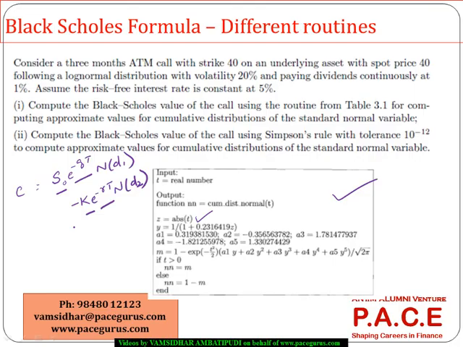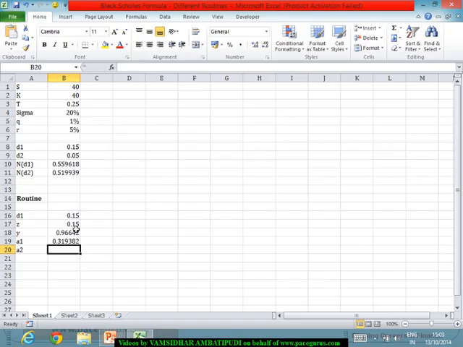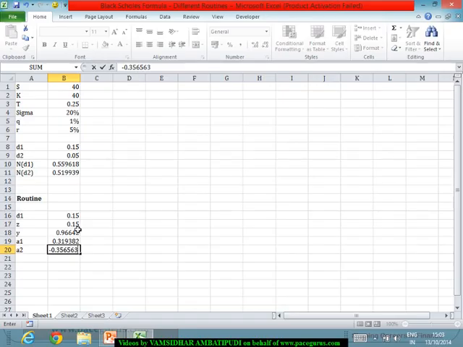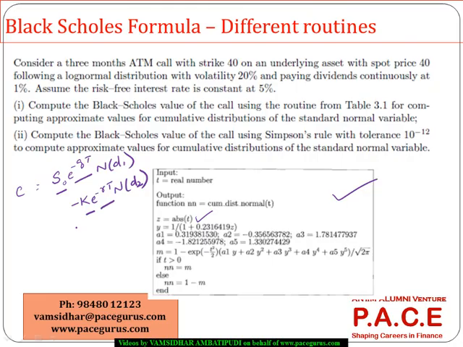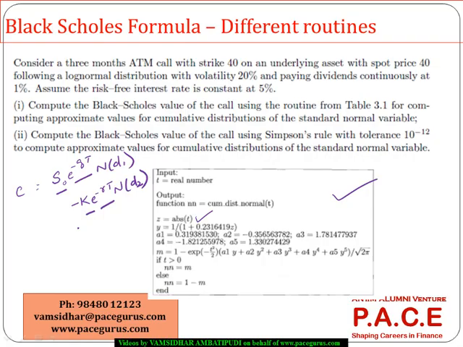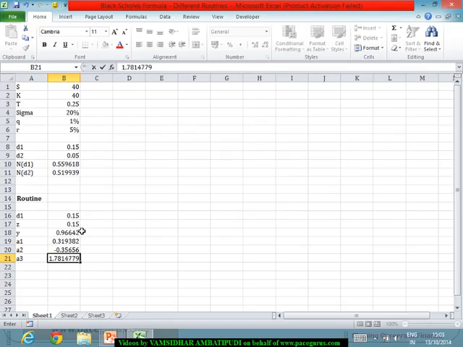A2 is coming out as minus 0.356563782. A3 is getting worked out as 1.781477937.